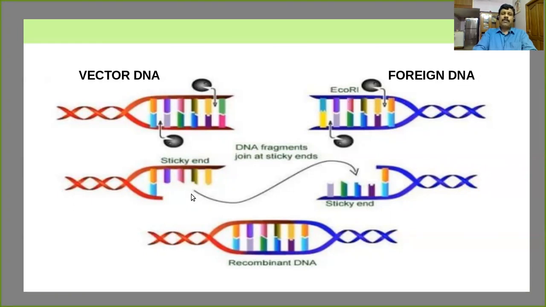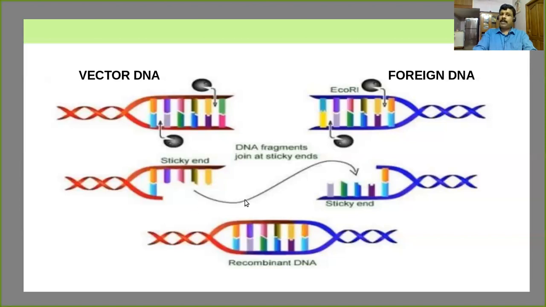As a result of cutting the vector DNA and foreign DNA, we will get sticky ends. This is one fragment of vector DNA, and this is another fragment of foreign DNA formed by fragmentation with EcoR1.